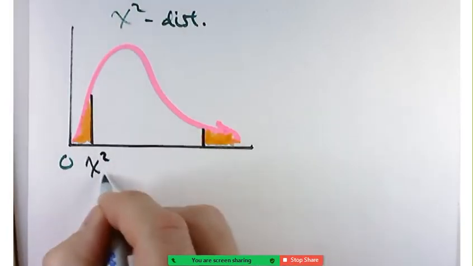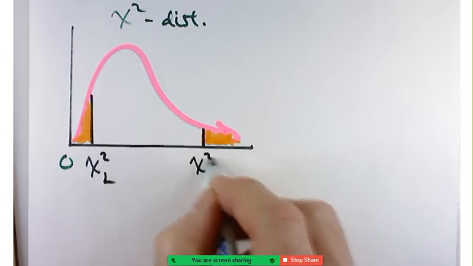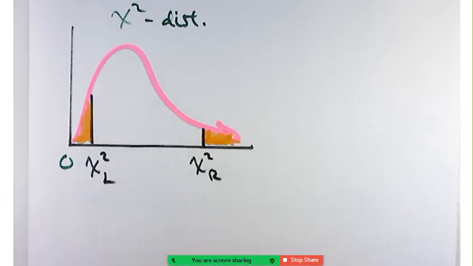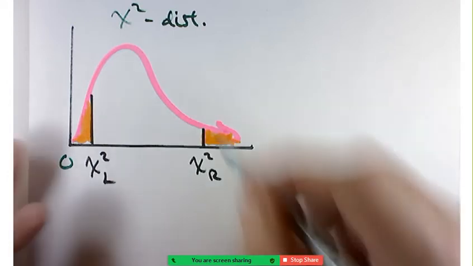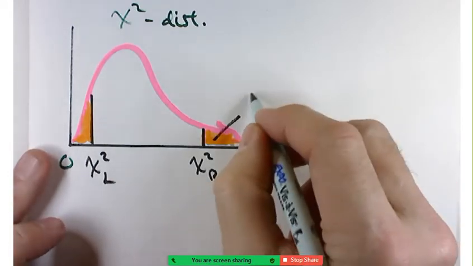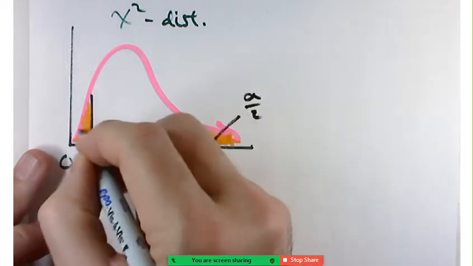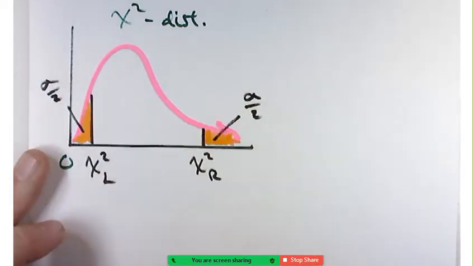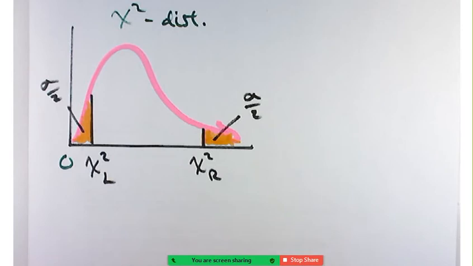This one's called chi-square sub L, and this one's called chi-square sub R. And the area in the tail, I'm going to want to be alpha over 2 in both tails. Why alpha over 2? Because I'm taking that area that comes from my level of significance and splitting it up into 2 tails. So let me remind you as to how to find this.